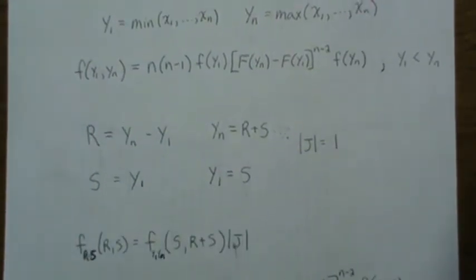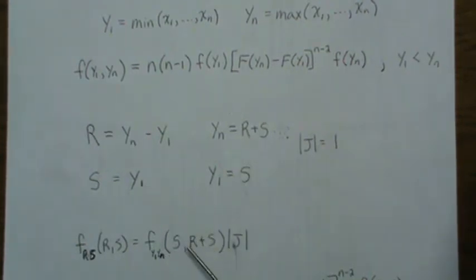So this would be the distribution. The distribution of R and S, or the joint distribution, would be f of y1, yn, with these values plugged in for y1 and yn, and then times the absolute value of the Jacobian, which in this transformation is 1.